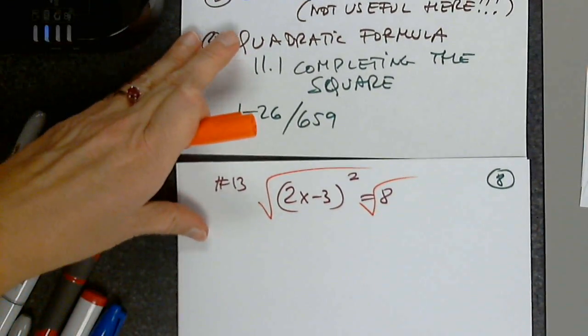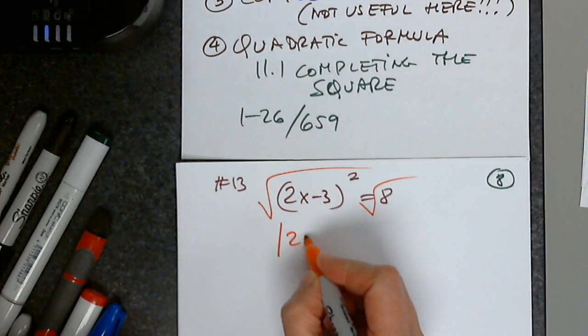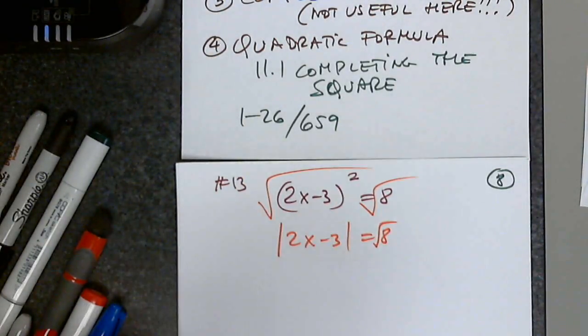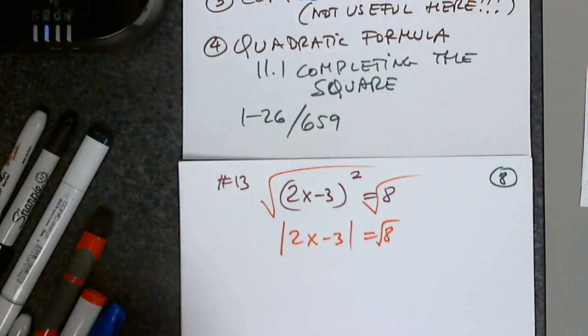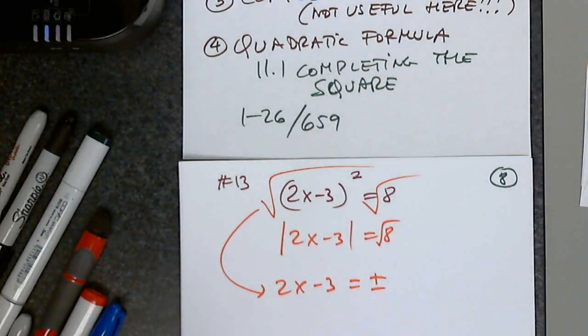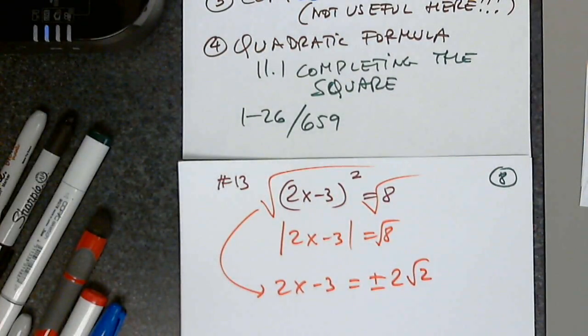Remember, we skip the intermediate step. I disagree, but that's what it is. This is the intermediate step, and that's why from here we have 2 solutions. Instead, we write 2x minus 3 equals plus or minus. And since we learned chapter 10, in which we split the square root of 8 into the square root of 4 and the square root of 2, then I will have to write 2 the square root of 2.